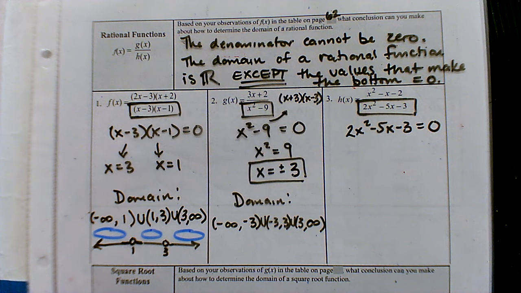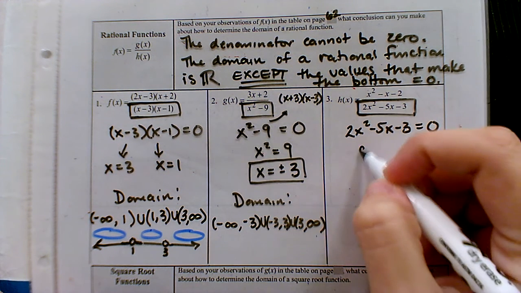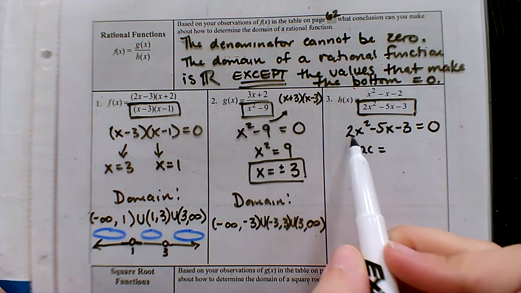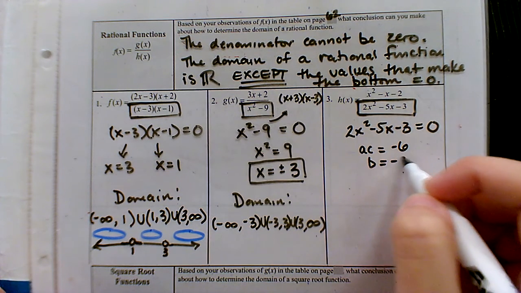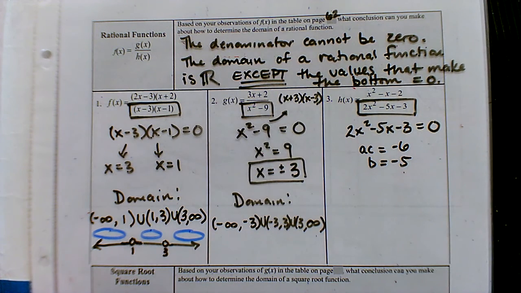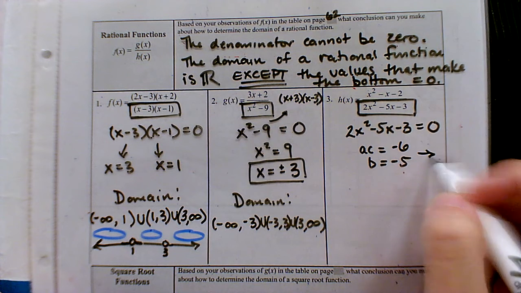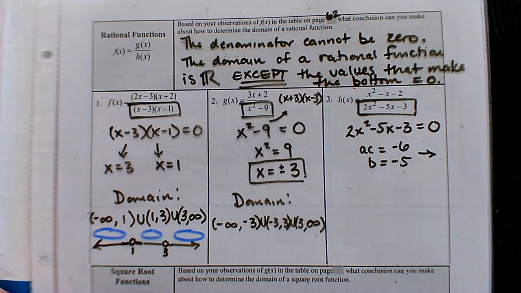No. Does it fit the perfect square? No, not really. Difference of squares like the second one? No. So our fourth one, yeah. Alright, so a times c, we have 2 times negative 3, which would be negative 6. Add to b, which would be negative 5. Can we think of those two numbers? Multiply to negative 6, add to negative 5.